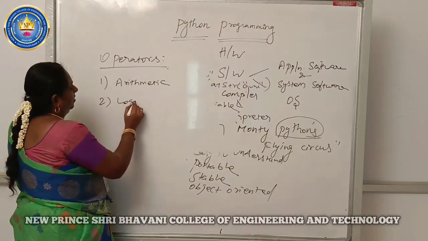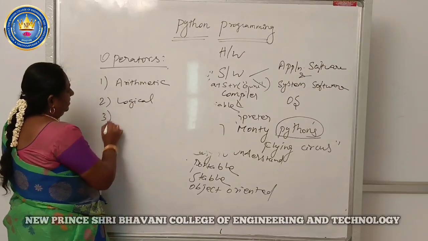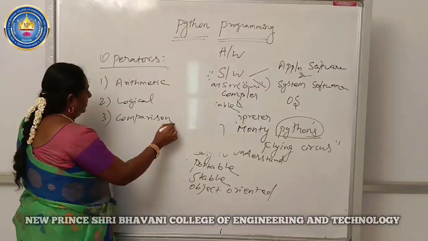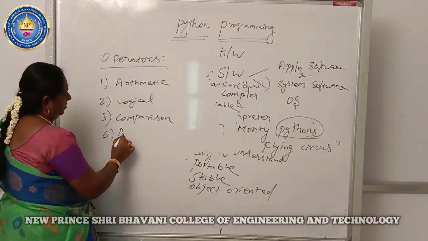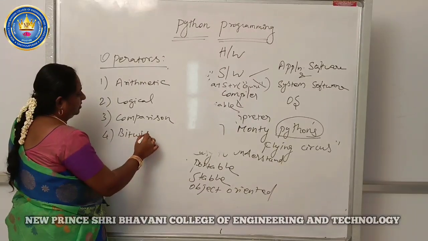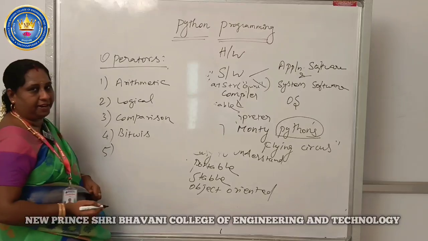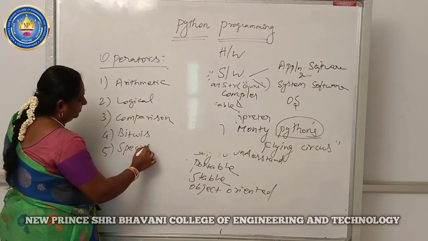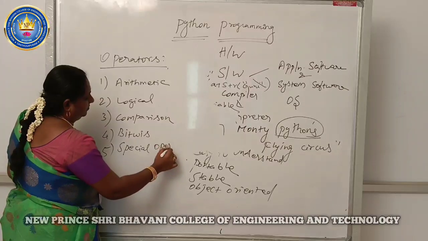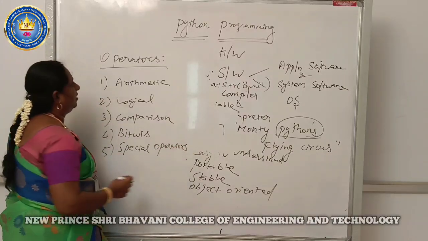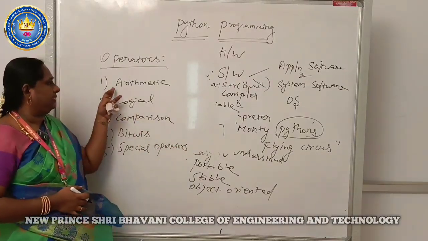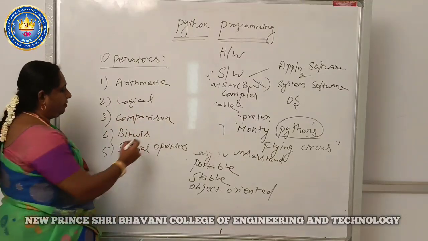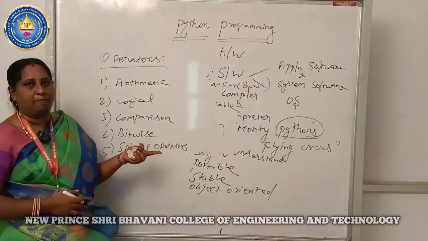Number 2, logical. Number 3, comparison. Number 4, bitwise. Number 5, special operators. So the types of operators are arithmetic, logical, comparison, bitwise, and special operators.